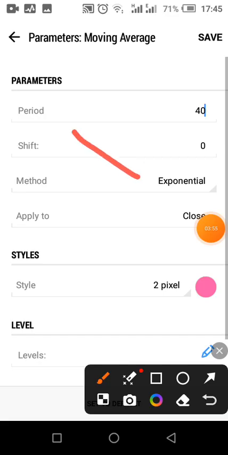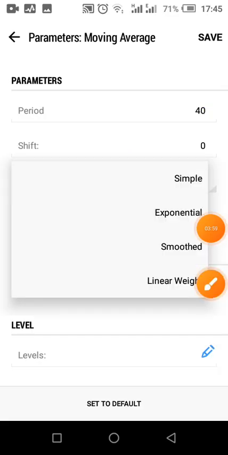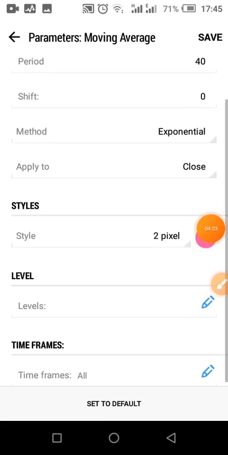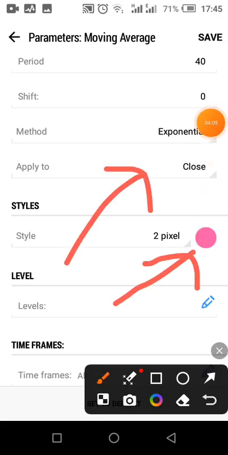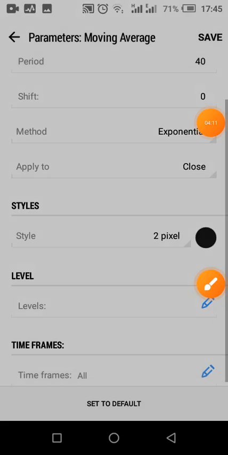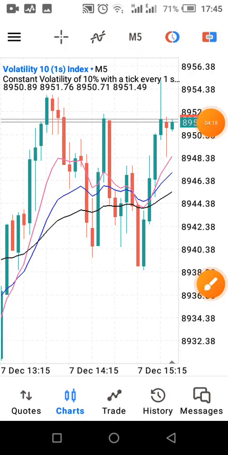Then for all the exponential moving averages, they should be on exponential instead of simple, which will be the default. Then apply to will be close, and then you can select whatever color you want, and then you select save for it to be added.